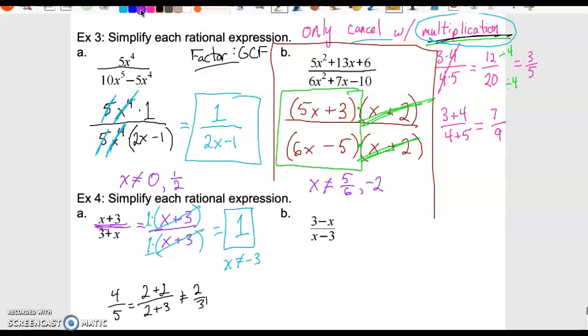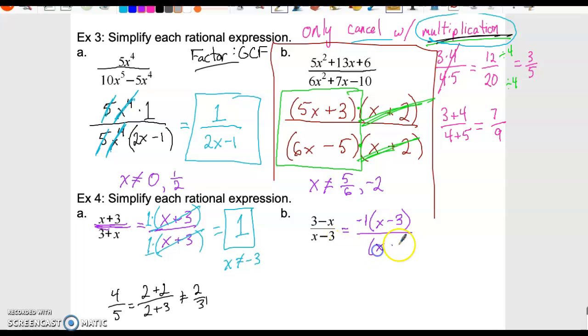And then for the last one on this slide, the way I would do this is factor the greatest common factor out of the numerator to make it -1. That way the negative x turns into a positive x, and the positive 3 turns into a -3. If you don't believe me that that's the same as the numerator, distribute that -1 and you get -x plus 3, which is the same thing.